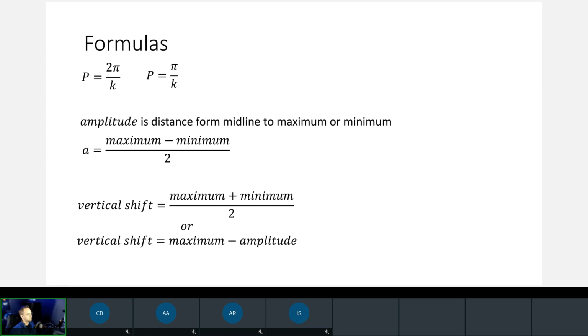All right, you may want to snip this page. I was so nice enough to put some important formulas all in one place versus scattered in this lesson. Everyone should know the formula for period. It's either 2 pi over k or pi over k, depending on what we're dealing with, right? It's pi over k if it's tangent and cotangent, and then it's the first one if it's everything else. That's important.